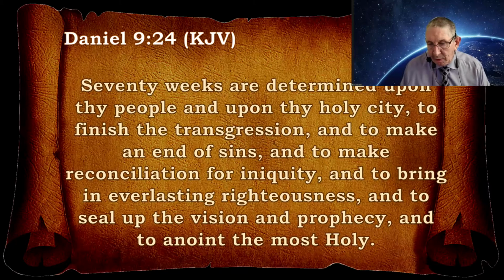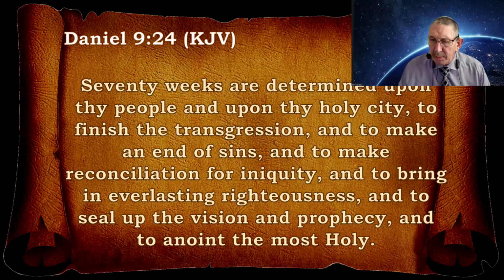70 weeks: we think of weeks as 7 days, but in the Hebrew way of thinking, a week is a sevenfold period of time. It has nothing to do specifically with days or weeks or months; it can be used in any of those circumstances. It basically means, in Hebrew, multiplied times 7. In this particular context, we're talking about weeks of years, so the week here stands for a year.